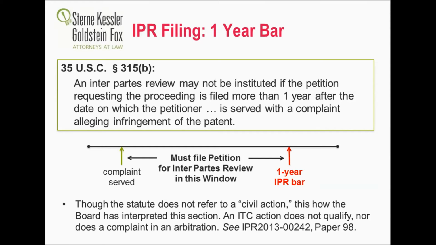And finally, the statute bars institution based on complaints served more than a year before the filing of the request, even if the complaint at issue was served before passage of the AIA. That was probably everybody's understanding going into it, but at least one party has tested that proposition, and that, perhaps not surprisingly, is the way that the board ruled.